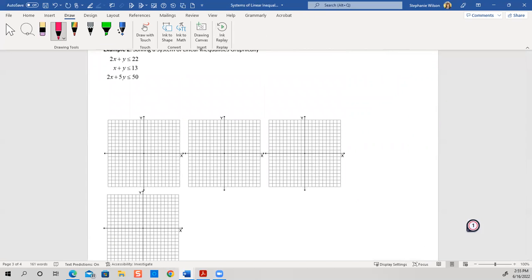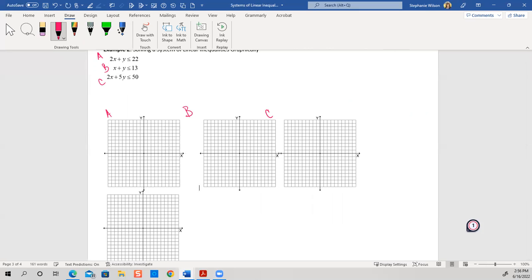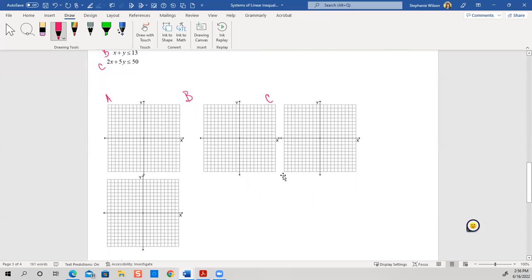You can label it however you want. I like calling it A, B, C, and this is B, and this is C. We may need to make some room because you can see there's 50 and 22. This is a 10 by 10 graph, so you're going to want to use a full sheet or a bigger graph for sure.